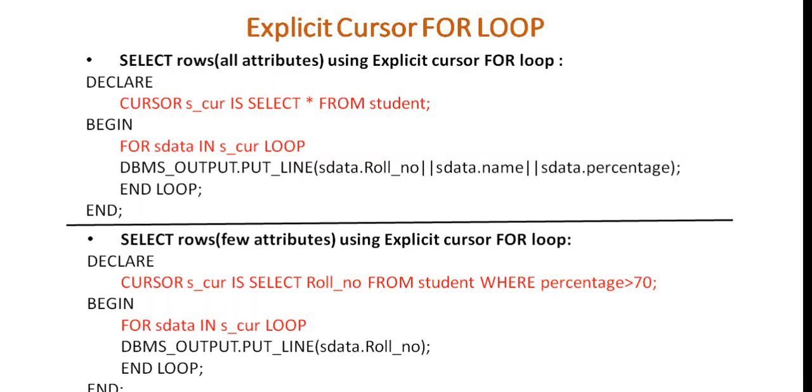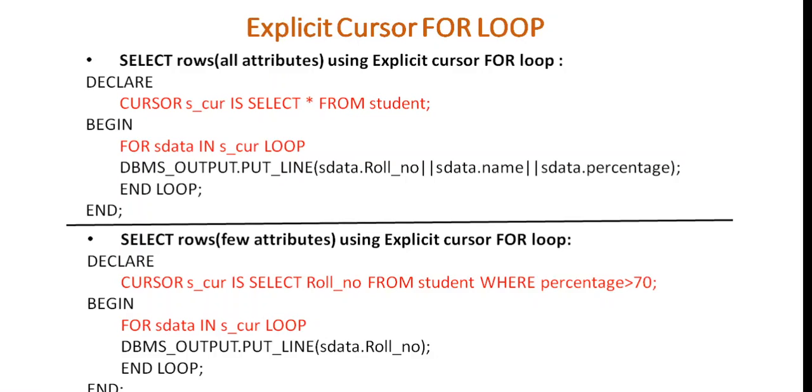Now here in the dbms output dot put line statement, instead of displaying all data, we have fetched only the roll number, so we are only displaying s data dot roll number. Then at the end loop, your cursor is automatically closed, and then comes the end of your PL/SQL block. So this is how we can use a for loop with an explicit cursor.